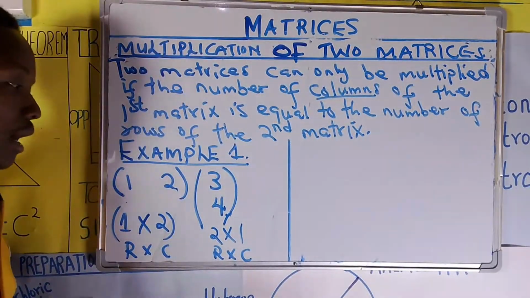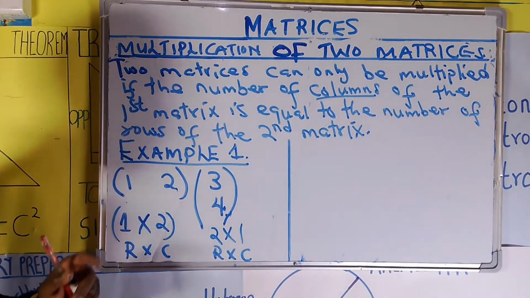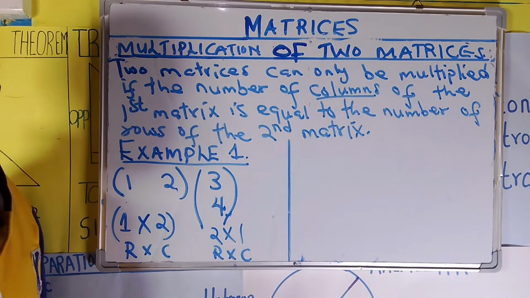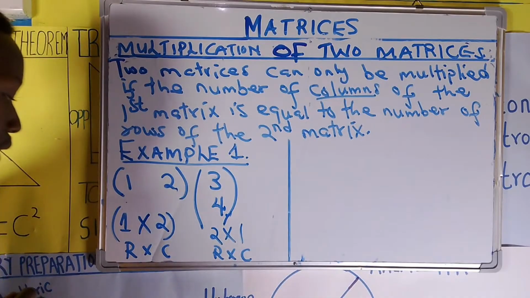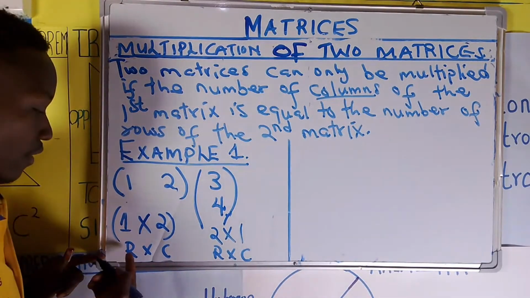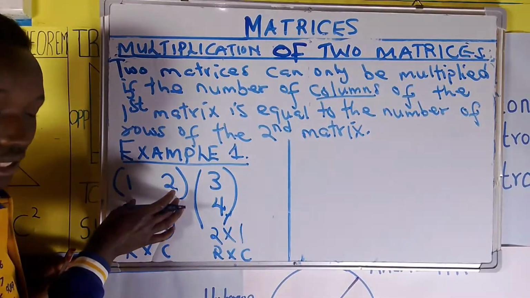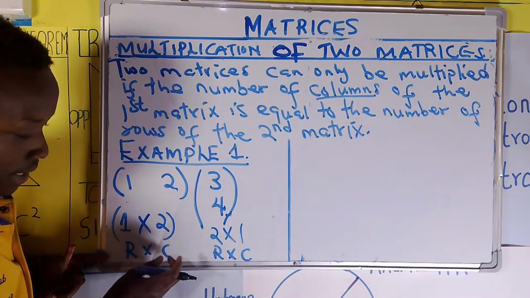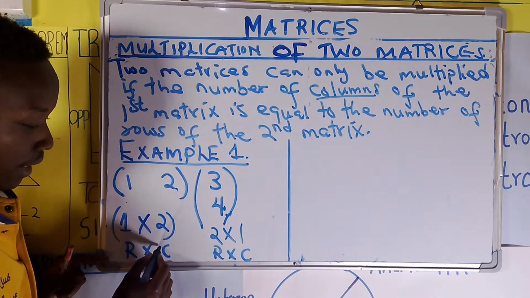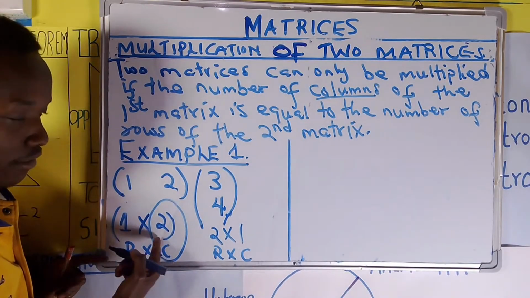This is the first matrix, this is the second matrix. In our first matrix, how many columns do we have? 2 columns.